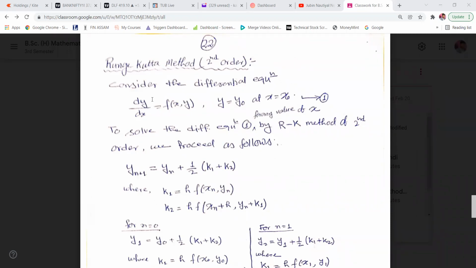What will be the difference in the solution? If you find the solution of a differential equation using Runge-Kutta method of second order, and the same problem if you solve by third order and by fourth order, what will be the differences you will get in the solution? Okay.